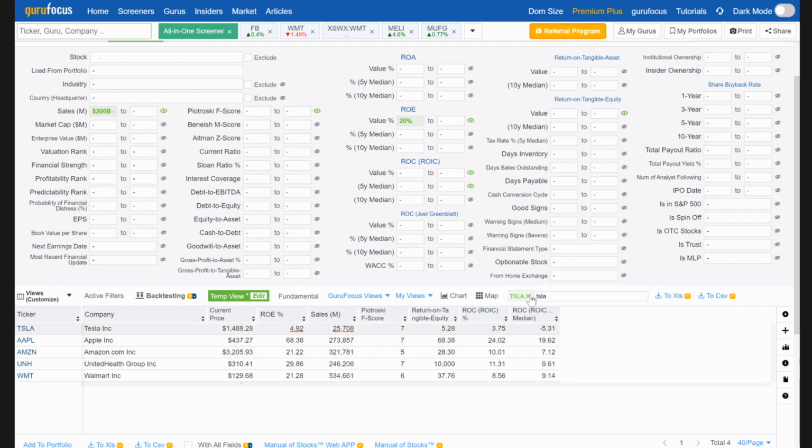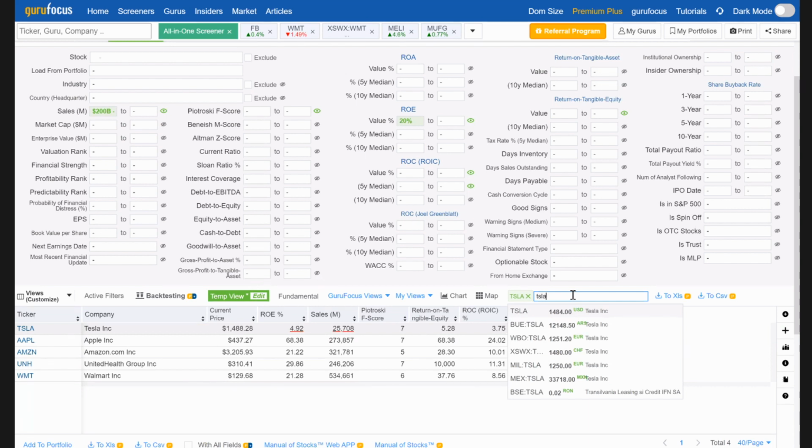So you type Tesla here, and it appears on the top with a different background, with a red underline. The red underline shows you which parameter does not satisfy this screen. It shows both ROE and sales do not satisfy for Tesla in this case. And how about Microsoft?